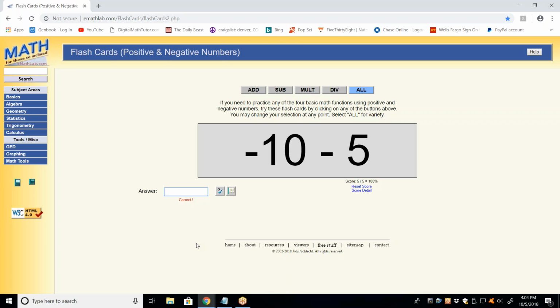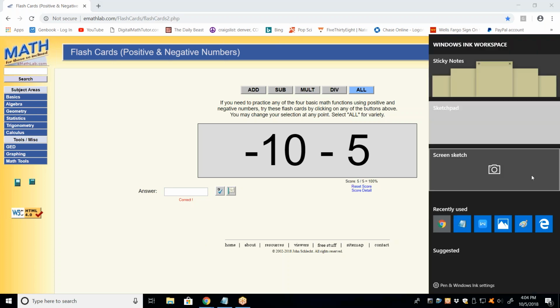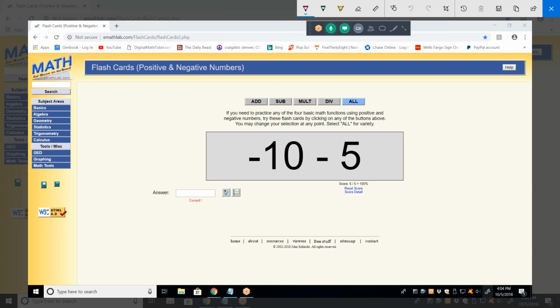So what is -10 minus 5? Okay, which is the subtraction sign? Is it the first dash or the second dash? Answer the question that I asked, rather than jumping ahead to the answer. What's the subtraction sign? Is it the negative sign in front of the 10 or the 5?